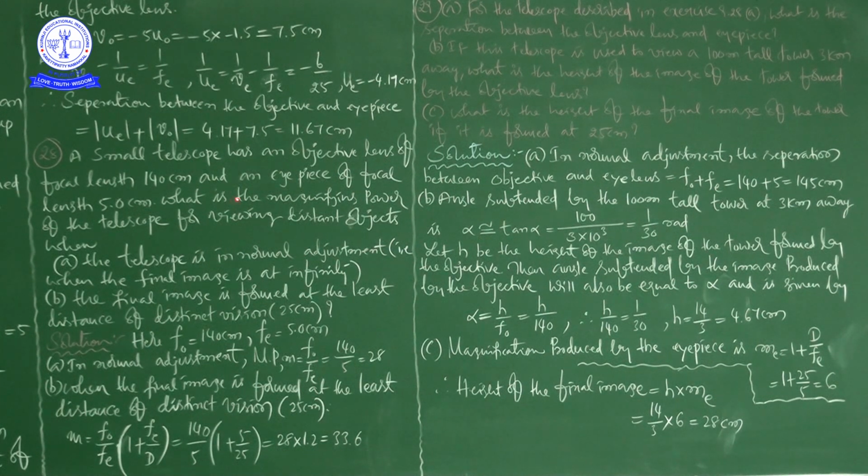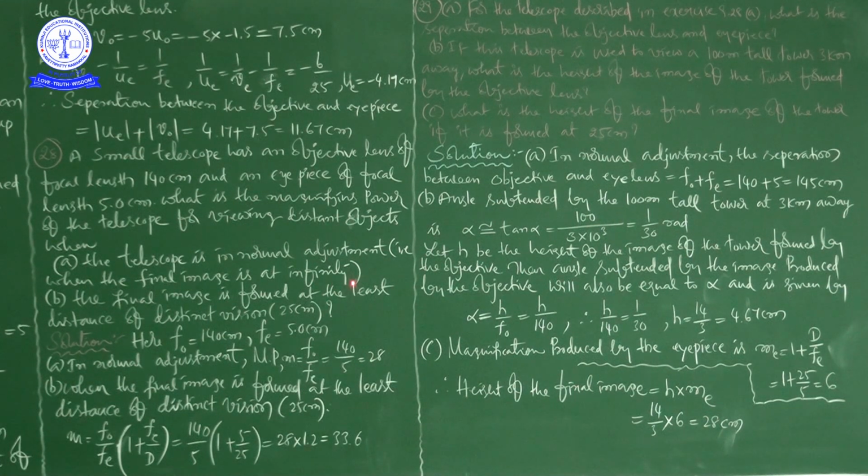The question is, what is the magnifying power of the telescope for viewing distant objects in two cases, A and B. A is when the telescope is in normal adjustment, that is, when the final image is at infinity.